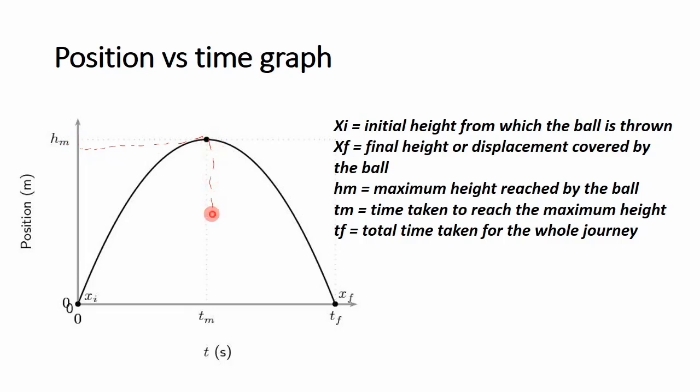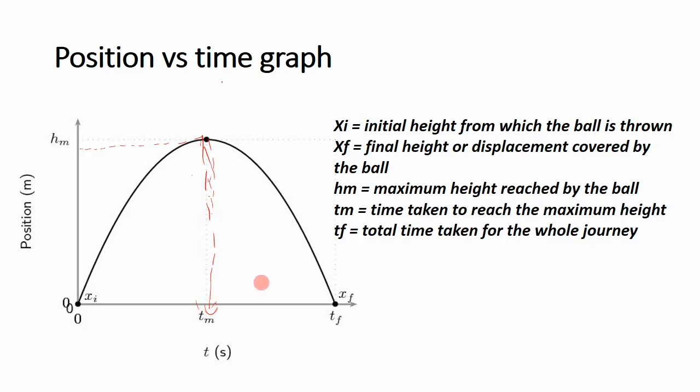This is forming a parabola, and if you use the properties of the parabola, you can see that that time indicates the axis of symmetry, right? So that will be the time taken to reach the maximum height, right?